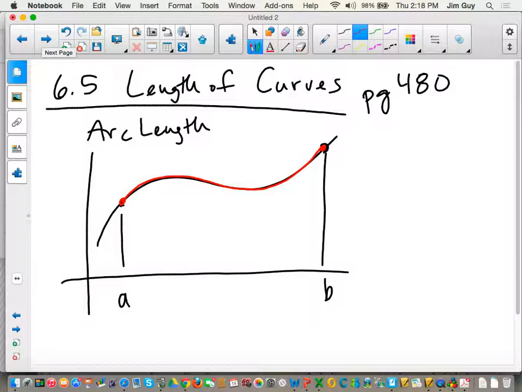And really, if I ask you this question at the beginning of the hour, you might ask me for string. Cut the string, lay it on there, and then measure the string. That'd be about it, right? But now we hope you don't stretch the string too long because they change the length. Now we're going to learn how we can do this with calculus.